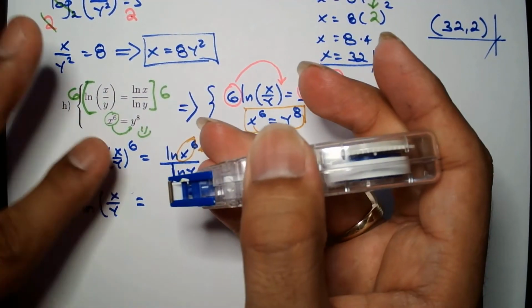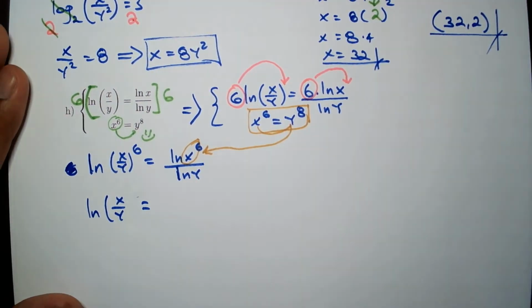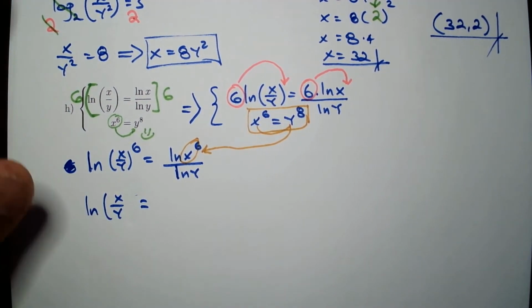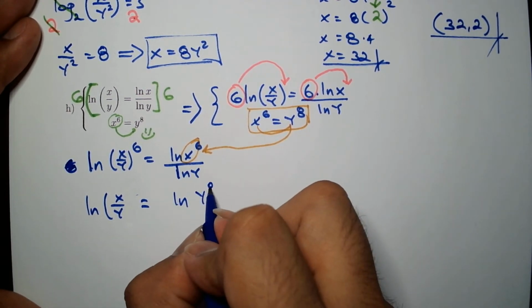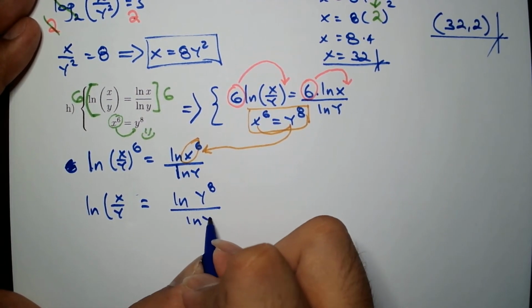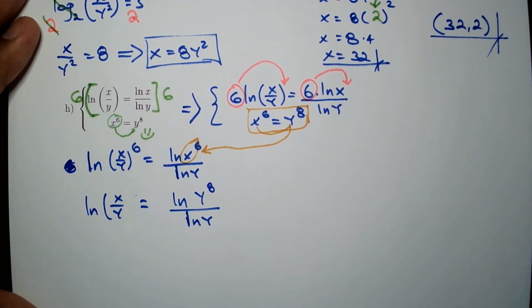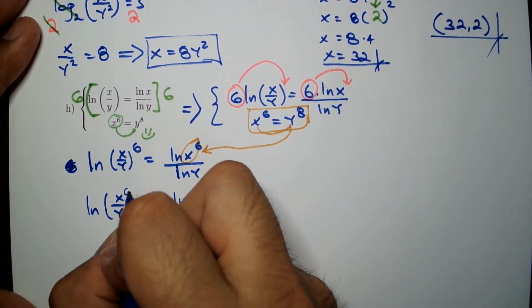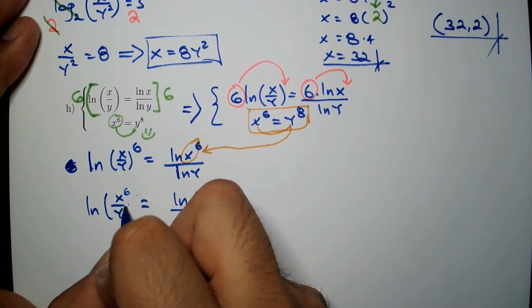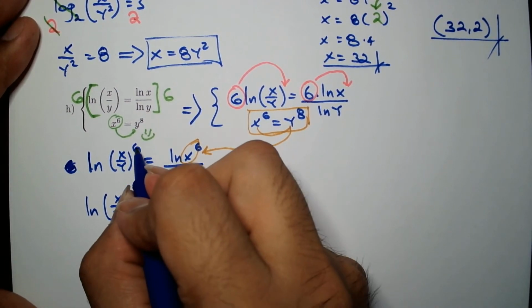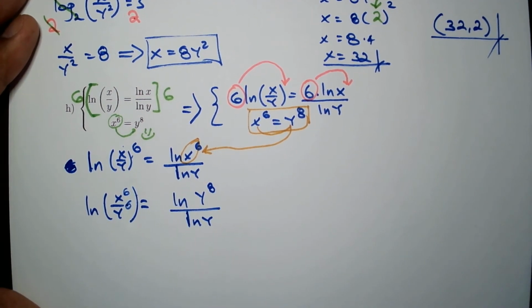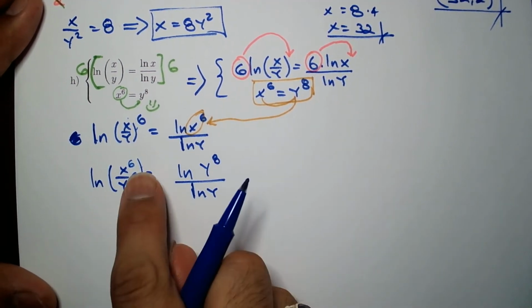We can distribute the power to every element in the quotient, so that's ln of y to the 8th over ln of y. That's ln of x to the 6, ln of y to the 6 as well. Distribute the power.